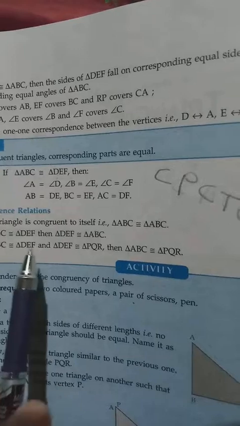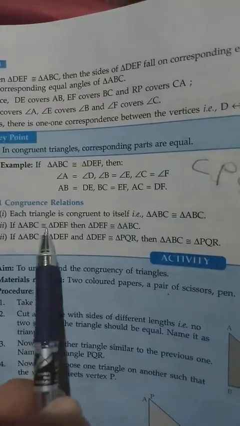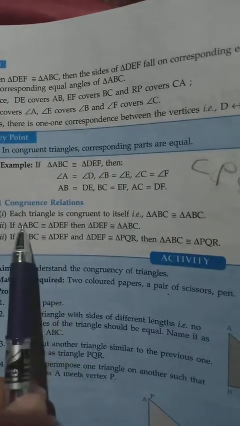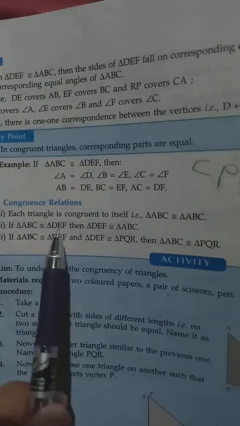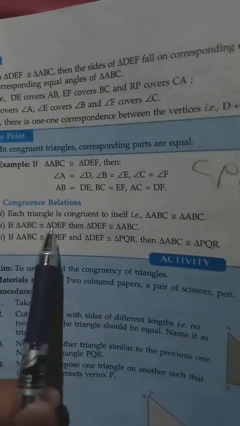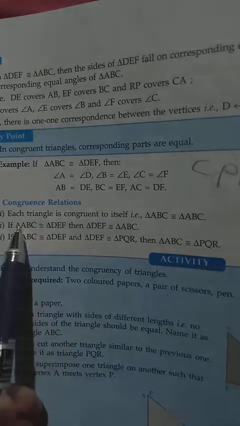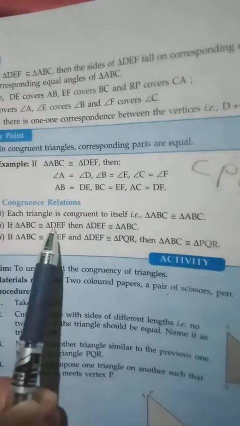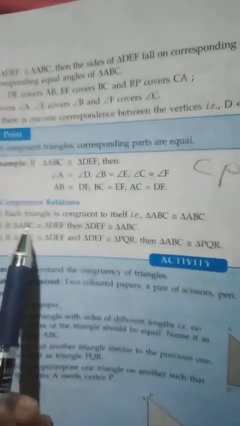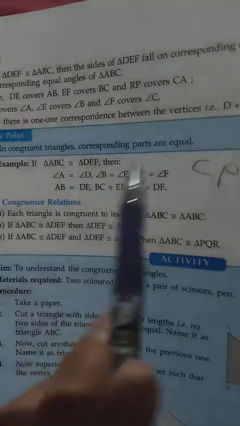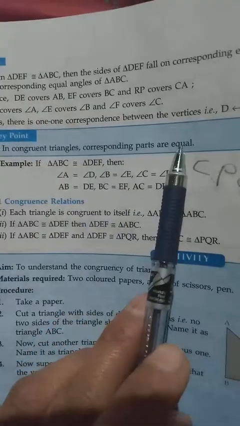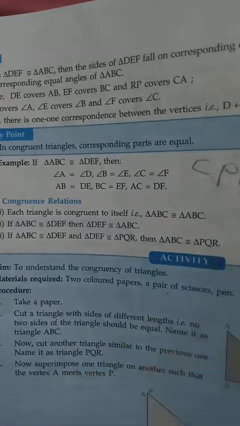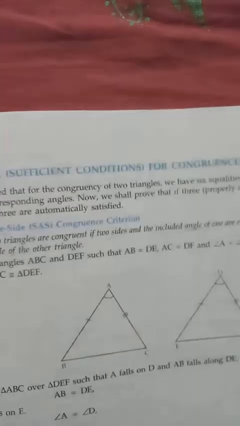Like here, if triangle ABC is congruent to triangle DEF, then it means that side AB equals DE, BC equals EF, AC equals DF, and at the same time angle A equals angle D, angle B equals angle E, angle C equals angle F. That is what we are talking about: corresponding parts are equal, or in short we write CPCTC. Okay, so let us see the criteria for triangles to be congruent.